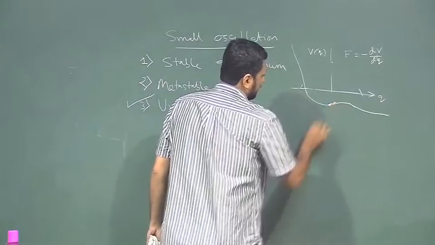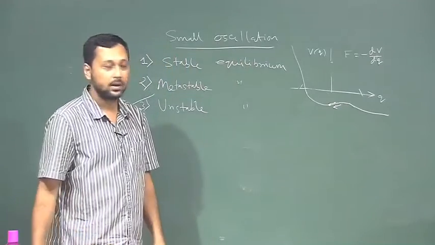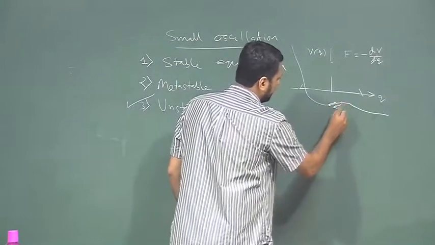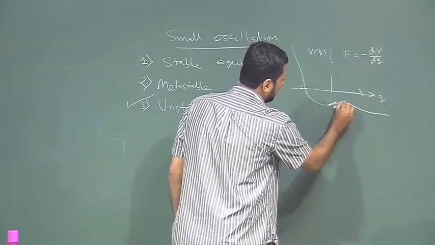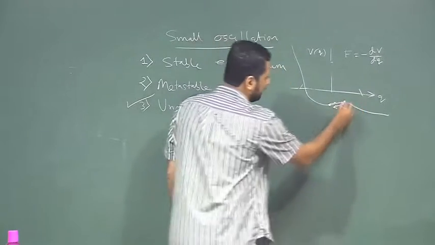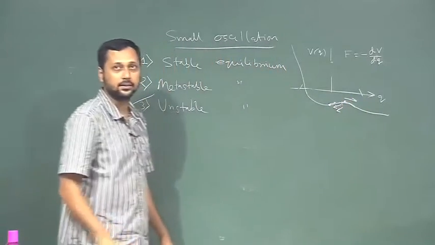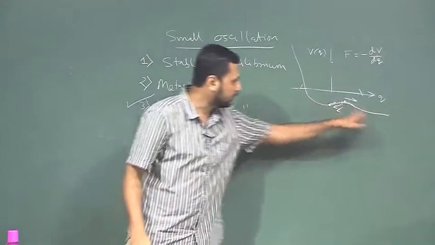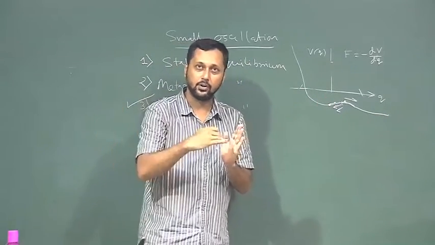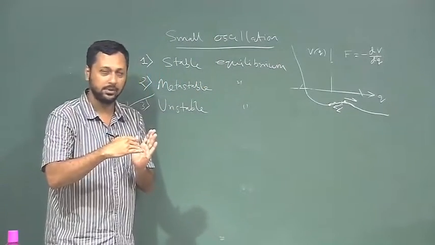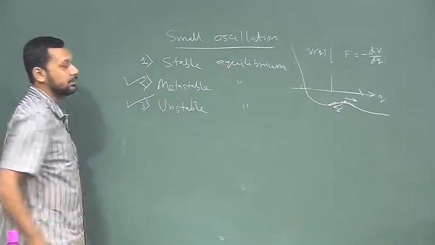Start deviating it in this direction, the restoring force will bring it back. Deviate it a little more up to here, again the restoring force will bring it back. Deviate it up to this point, see there is a slight hinge, so some maxima, deviate it up to here, and immediately at some point the restoring force will start pointing in that direction. So, for small deviation from the equilibrium position, the system has a restoring force which is driving it back towards equilibrium, and if the deviation is large, it falls off equilibrium. This is an example of a metastable system.